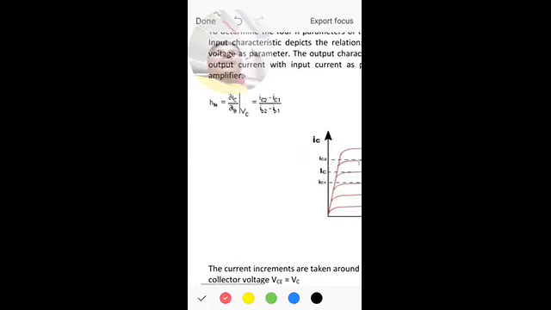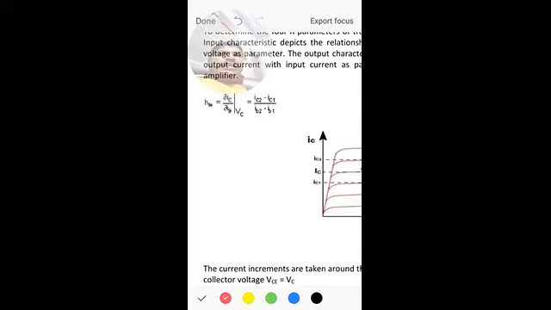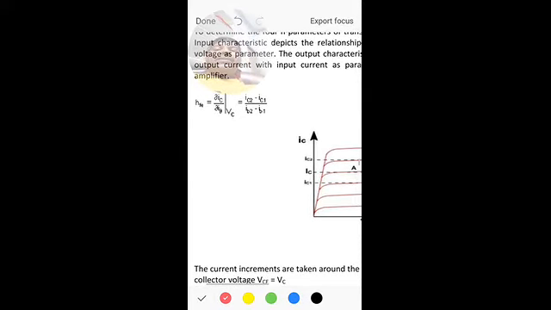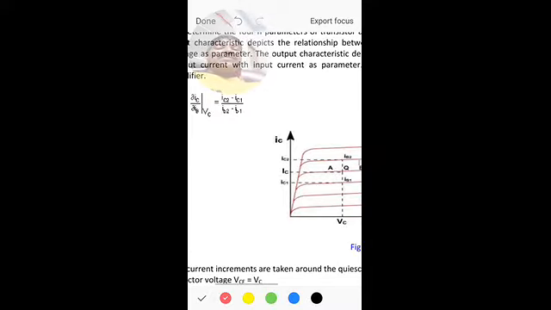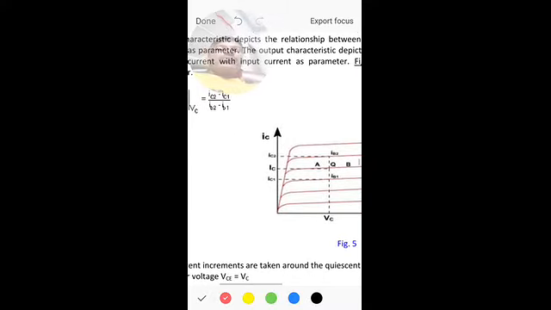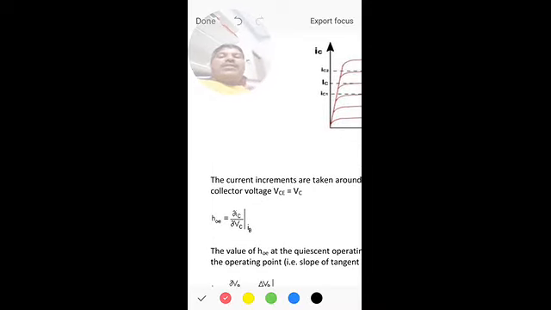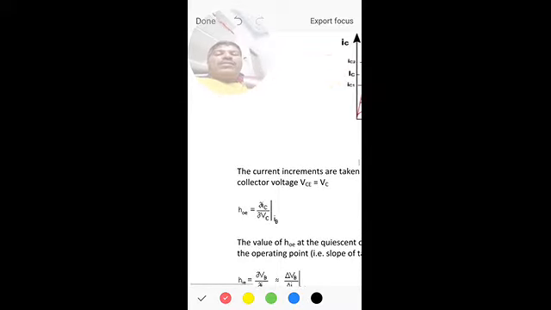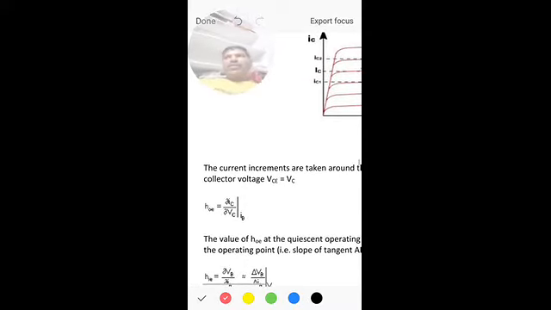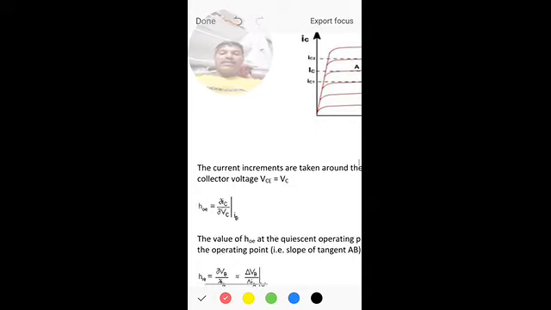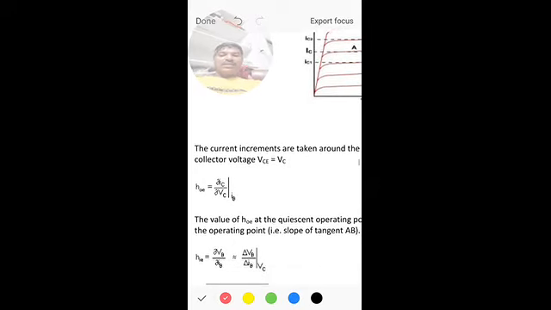So here HFE is the forward current gain, the ratio of delta IC by delta IB, keeping output voltage constant. Similarly the output admittance is the ratio of output current delta IC by delta VC, keeping IB constant.